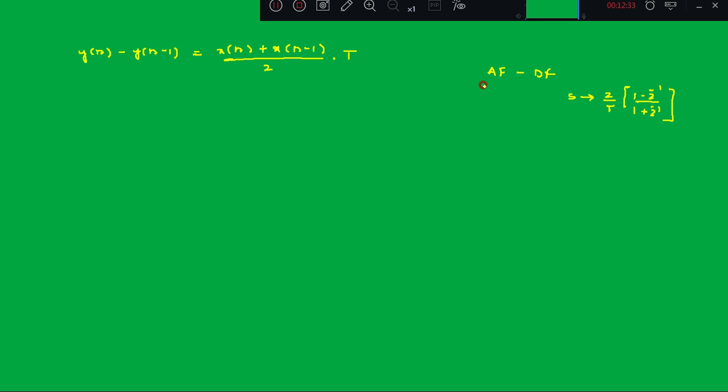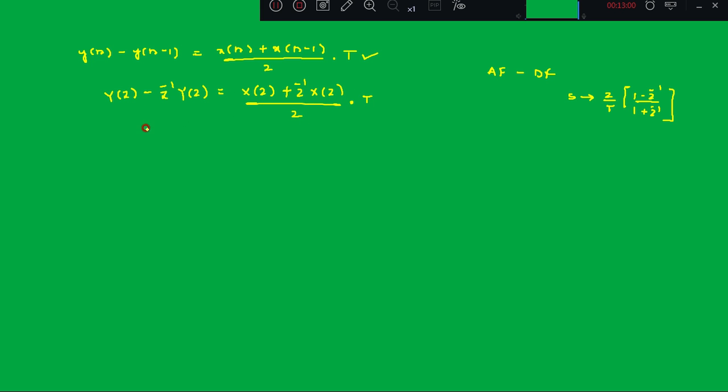So now we have to convert this time domain into the z domain by taking the z transform. So what is the z transform of y of n, which is Y of z minus z raised to minus 1 Y of z is equal to X of z plus z raised to minus 1 X of z, divided by 2 multiplied by T. Is that clear?